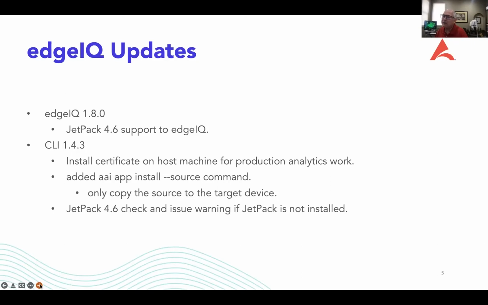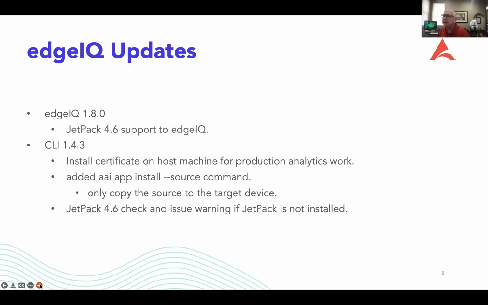We also had another request. If you run alwaysAI app install, you'll be looking for updates for your Docker image, rebuilding your virtual environment, and going through all this stuff. But what was coming through from the community was, I don't want to touch my environment, I just want to update the application code.